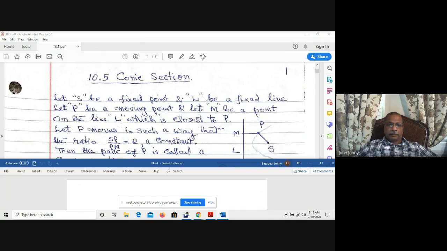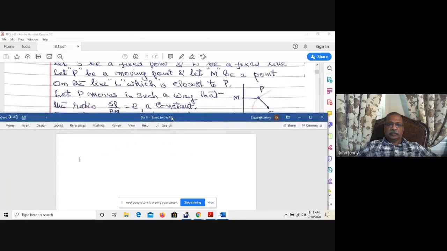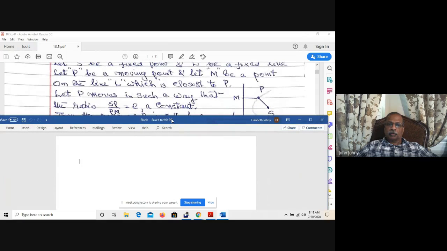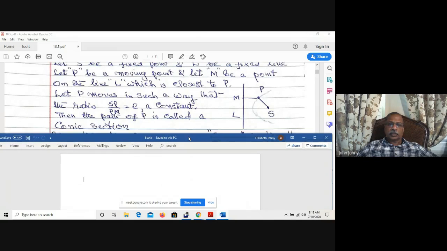Let P move in such a way that the ratio SP over PM is equal to E, a constant. Then the path of P is called a conic section.